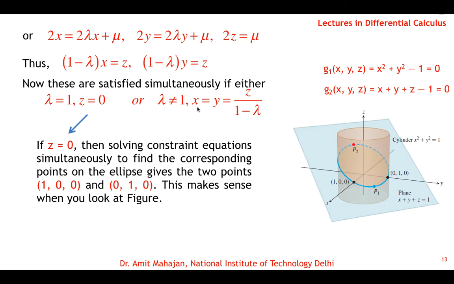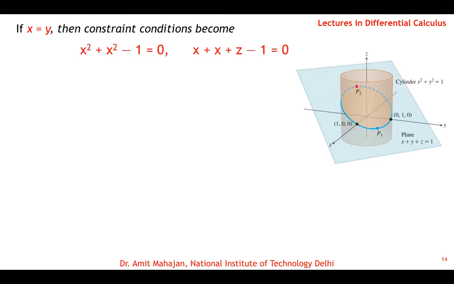On the other hand, if you have x equals y equals z over 1 minus lambda and lambda not equal to 1, then because y equals x, I can substitute y equals x in these two equations. So the first will give an equation in terms of x and the other will be in x and z. So I can solve these two again.